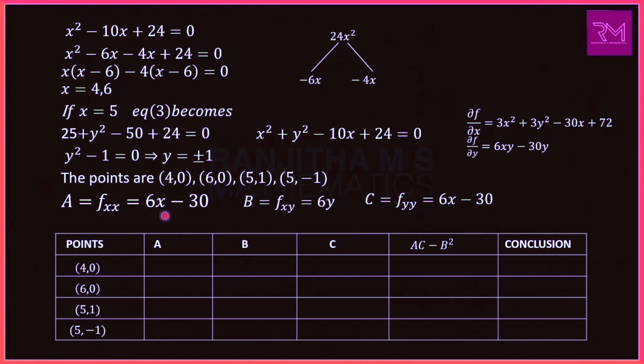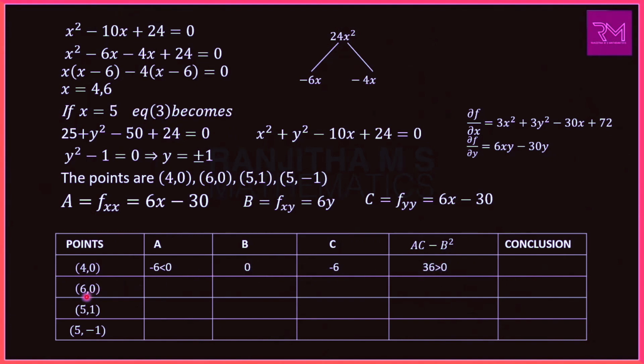Hence we get 6 into 4 is 24 minus 30 is minus 6, which is less than 0. Here B is 6y, substitute y as 0 means we get the B value as 0. Similarly, C is 6x minus 30. We have to substitute x value as 4, means 24 minus 30 is minus 6. Here minus 6 into minus 6 is plus 36 minus B square, which is 0. Hence we get plus 36, which is greater than 0.